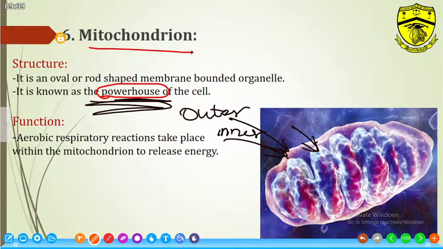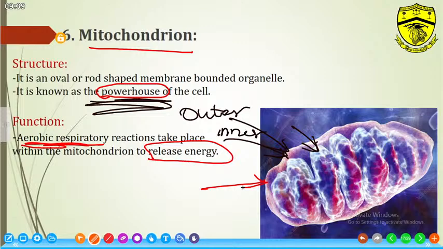The main function, the aerobic respiratory reactions take place within the mitochondria to release energy. Only the aerobic respiration. You got it? So the aerobic respiration occurs in it. So we call that powerhouse of the cell. Okay?